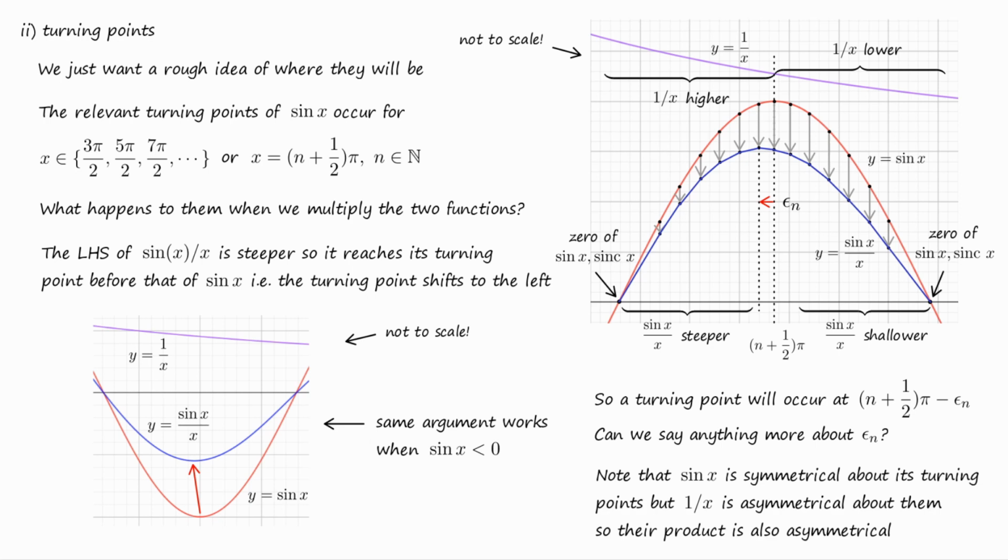And we can note that the reason for the shift in the turning points is that sine x is symmetrical about its turning points, but 1 over x is asymmetrical about the same points, so their product is also asymmetrical, i.e. it is the asymmetry of 1 over x about the turning points which causes the shift.